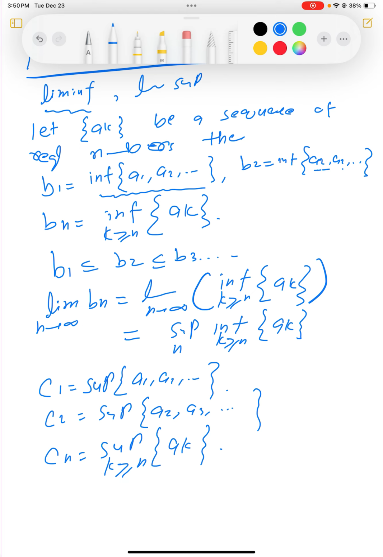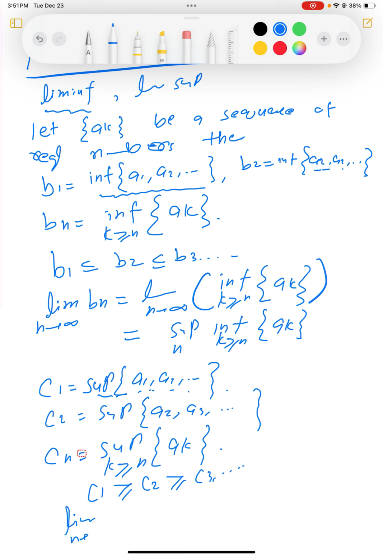What relationship do C1, C2 and Cn have? If we take the supremum of a set and then delete an element, the biggest value is deleted, so in the next set the sup will be smaller. So C1 is greater than or equal to C2, greater than or equal to C3, and so on.